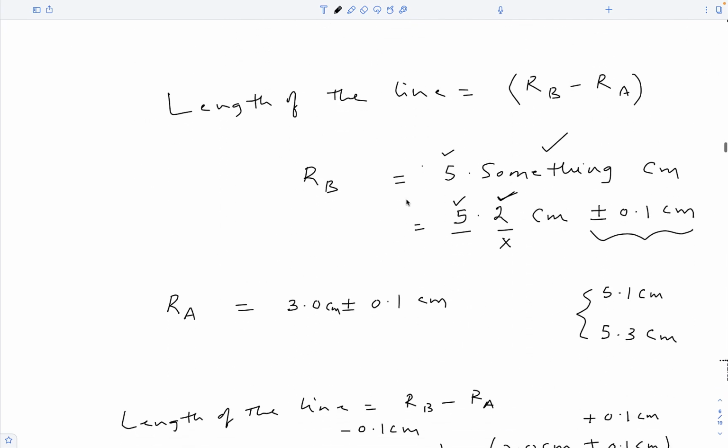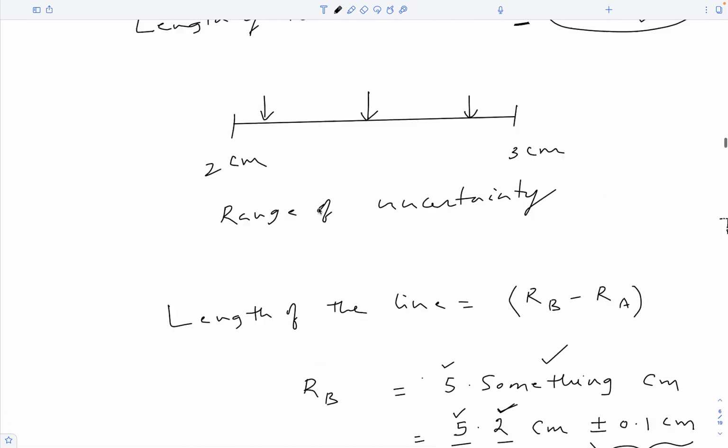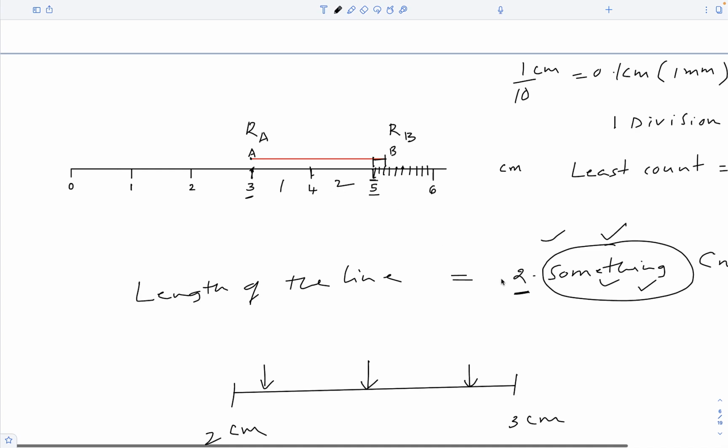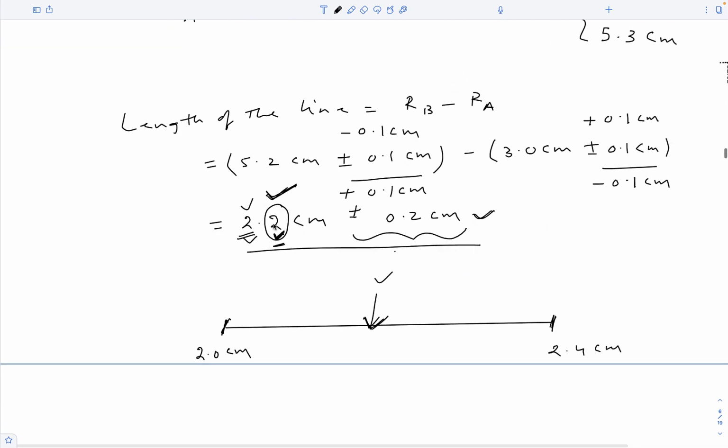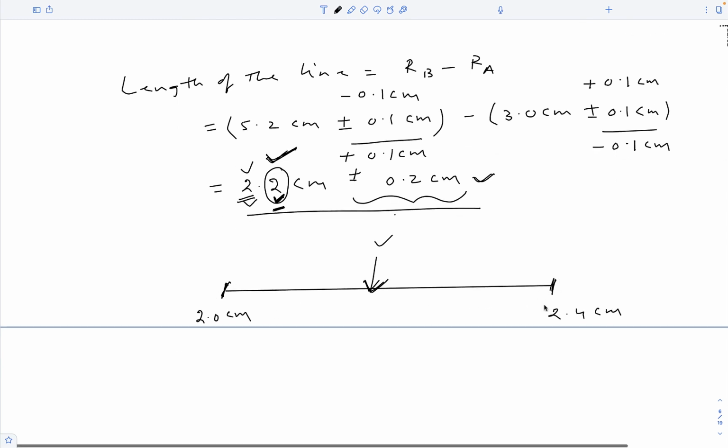In this example, the measuring device allows us to measure only one digit, but by using our imagination, we estimated the value of another digit, and that helped us in reducing the amount of uncertainty or increasing the precision of the measurement.